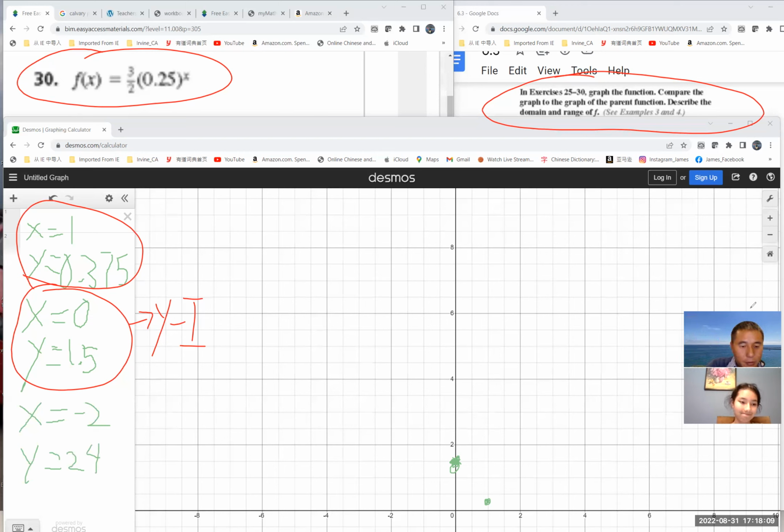Yeah, when x equals -2, but 24 is too big, right? So why not just choose x equals -1? If x is -1, so it's 6. Yeah, mark it.